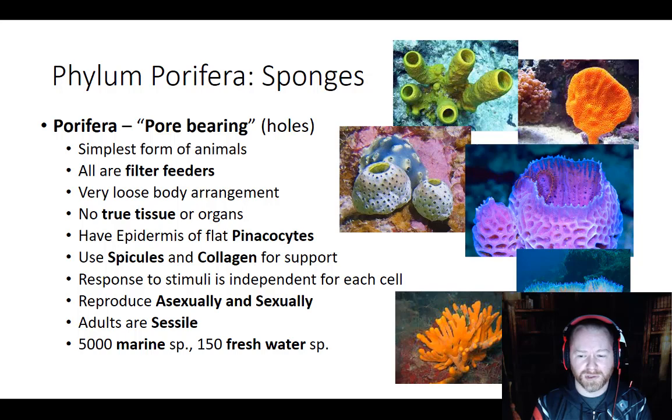Spicules are really hard structures, kind of like a latticework or scaffolding, if you would, and the collagen just fills in some of the in-between, but it's all used as support. Some can be bent, some are a little harder, but that's how they essentially maintain their structure and stand up underwater.